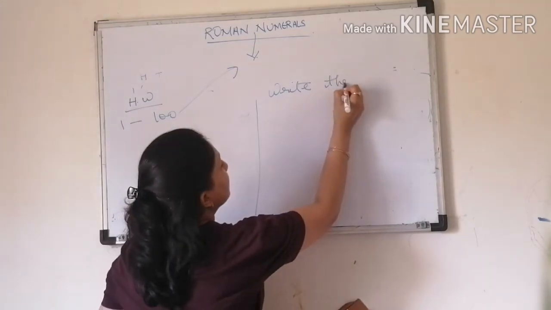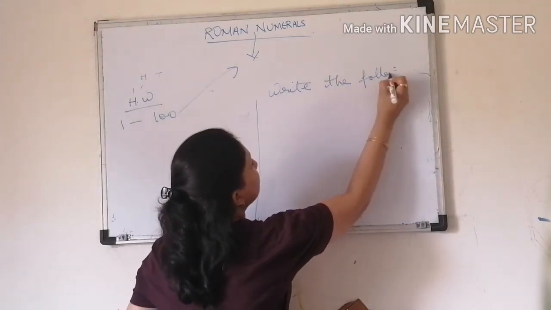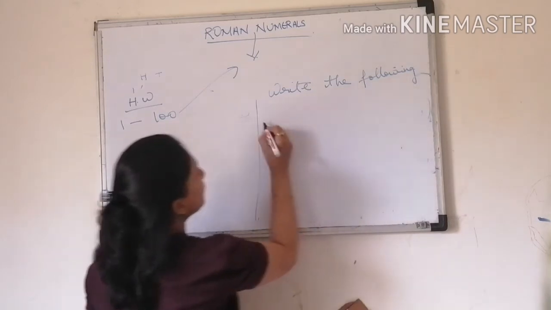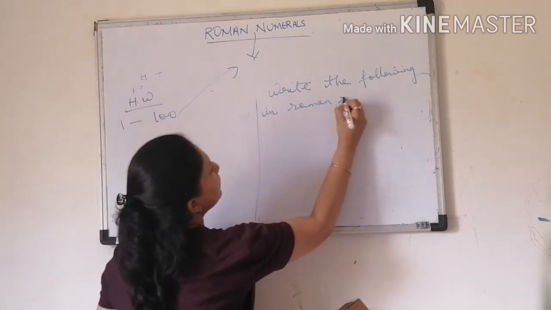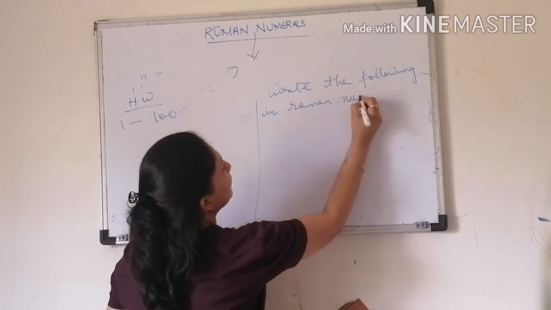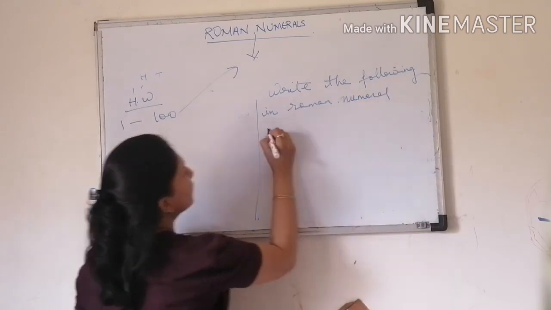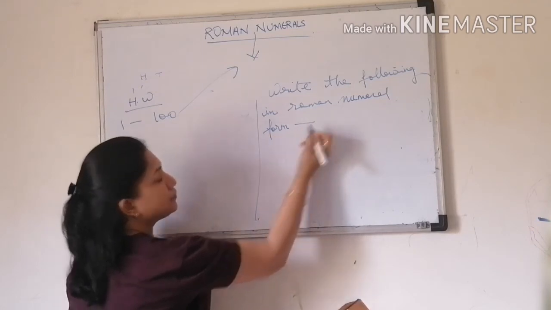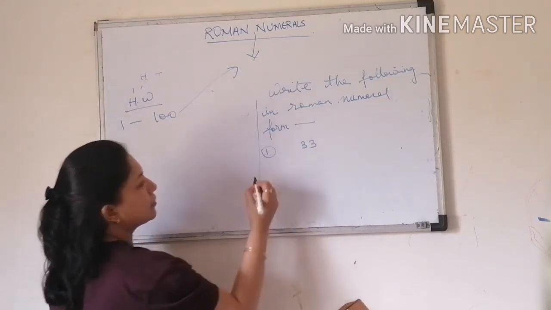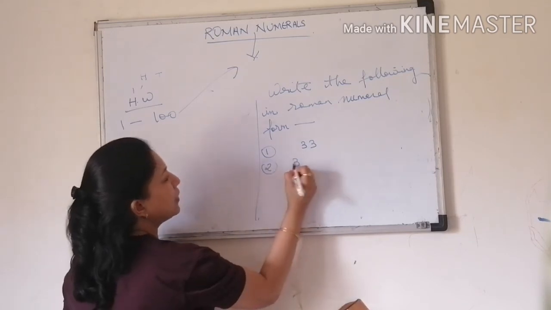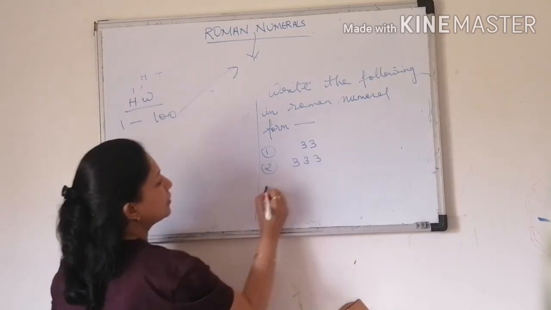Write the following in Roman numeral form. First is 33. Second is 333.